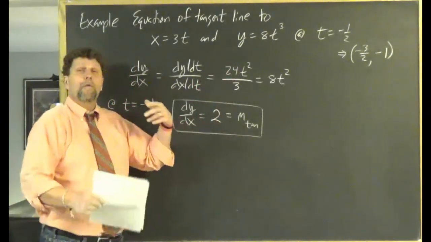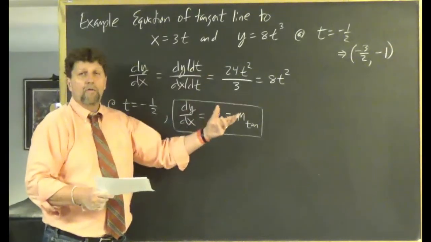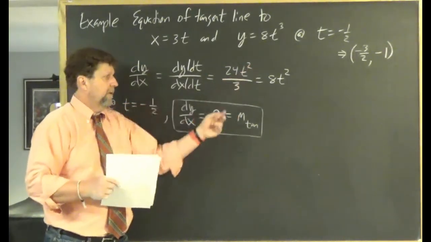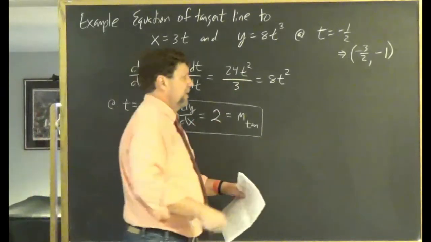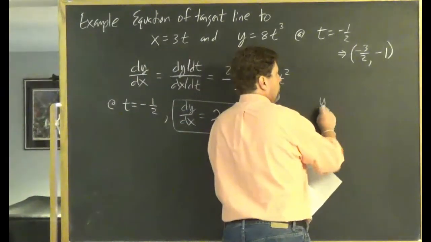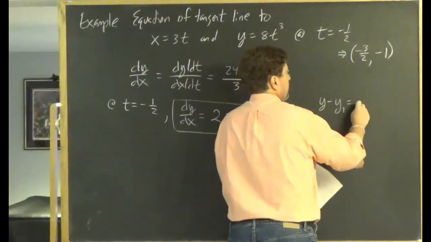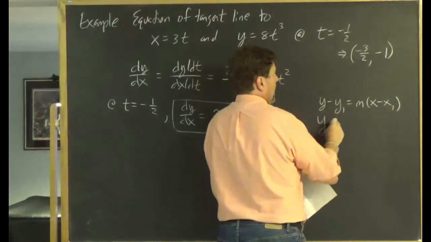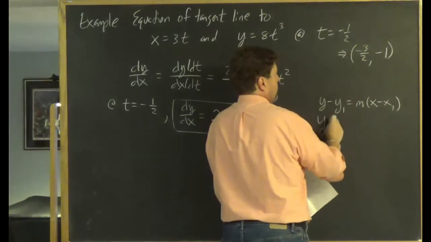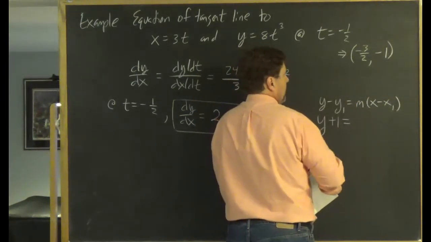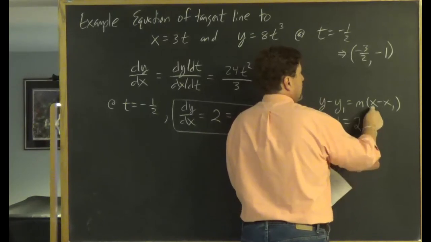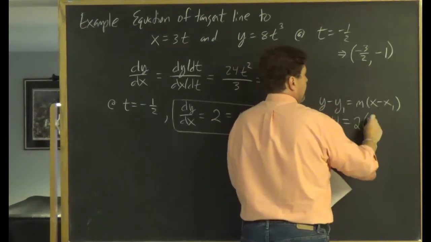We know the slope. We know the point. To get the equation, I would use the point-slope form. So I have y minus -1. That's y plus 1 equals the slope, which is 2, times x minus -3/2.